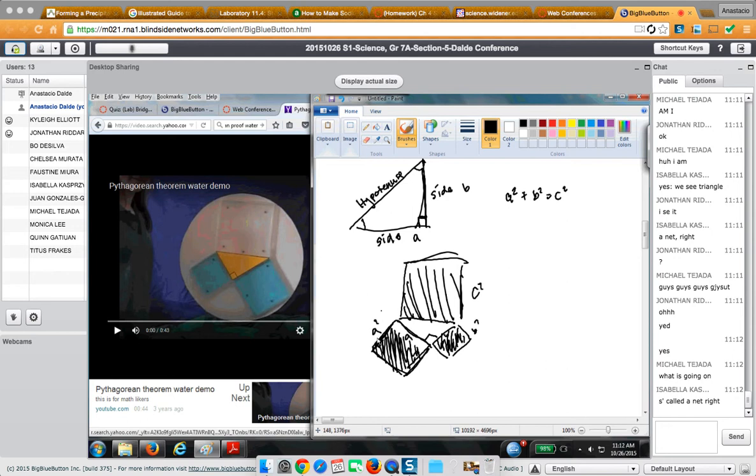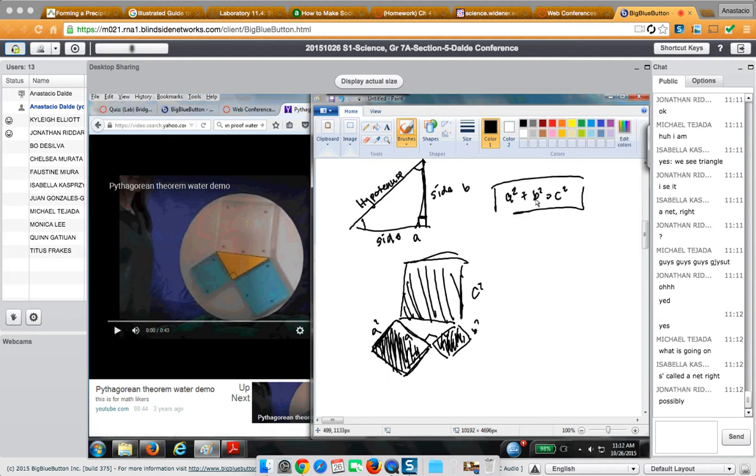So if I turn this little toy upside down, then all of the water from here and all of the water from here should perfectly fill up all of the water in the big one. And if that's true, then would you folks be able to accept my equation a squared plus b squared equals c squared without me having to go through some rigorous mathematical proof for it? Which I would gladly do if I had the time, or if you guys were in my Algebra 1 class, but not so much if you guys are in my science class.